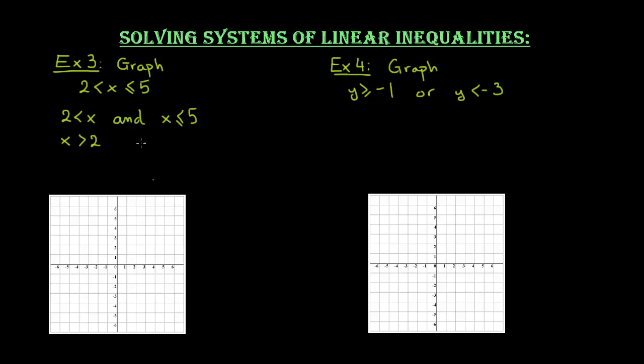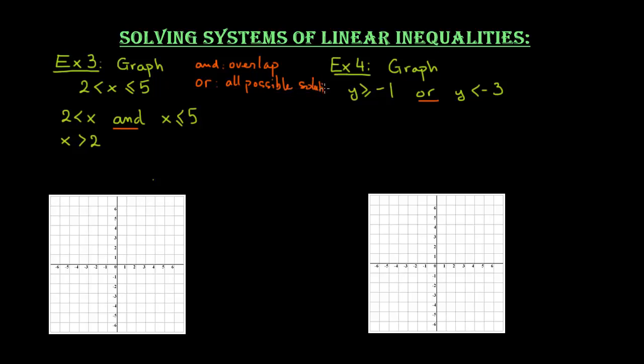Before I get into graphing two inequalities right here, let me remind you what's the difference between and and or. When we learned how to solve inequality equations, we learned that and stands for the overlap, and or stands for take all possible solutions.